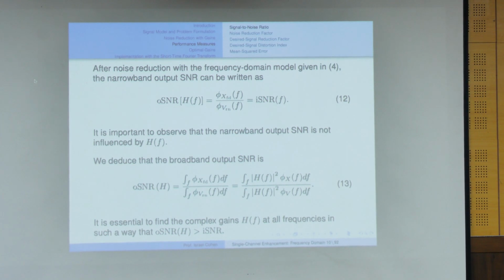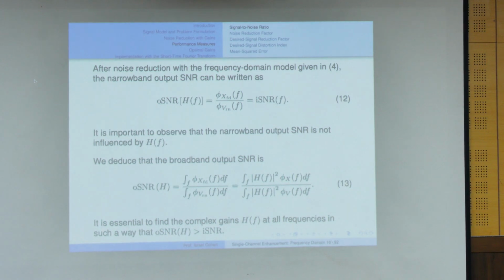We want the output signal in the time domain to have higher SNR, which means that we care about the broadband output SNR. So for the broadband output SNR, we need to compute the energy of the filtered desired signal over all frequencies, divided by the energy of the residual noise at the output of the estimator. So we have this expression.